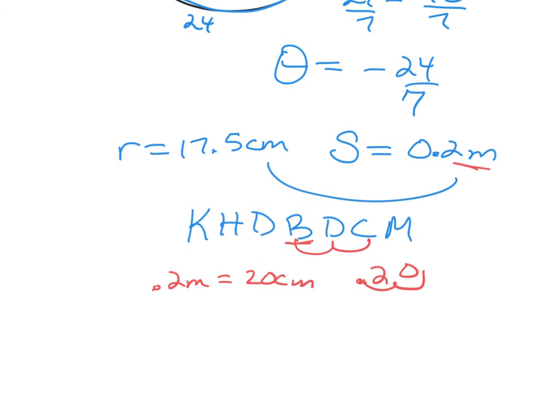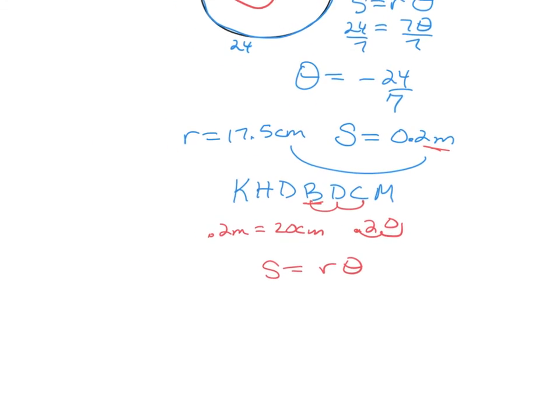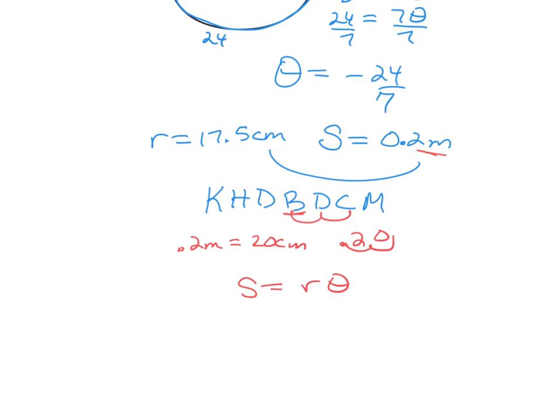So now when I go to put it in my formula, S equals R times theta. Actually, I'm going to make it 20 now because I converted it. 20 is equal to 17.5 times theta. Divide both sides by 17.5.